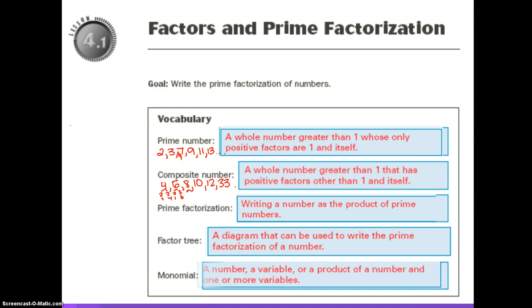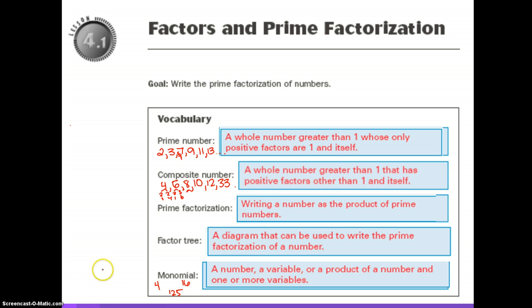A monomial is a number, a variable, or a product of a number and one or more variables. For example, a number like 4, or 16, or 125, are monomials.